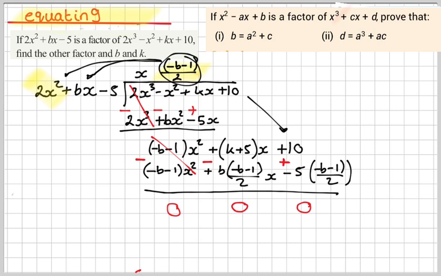So the k plus 5 minus the b times that expression over 2 will end up being 0 in some sort of sense. And the same thing is going to happen here.